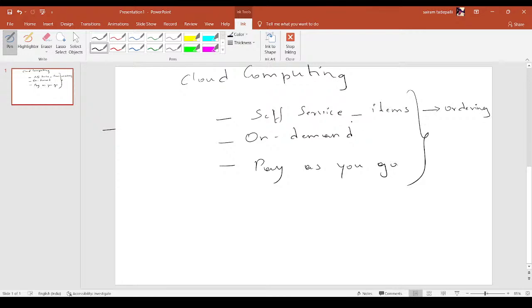Like that, in cloud computing also, self service is the major concept. For example, we need a storage service; in AWS we have the S3 bucket. We directly go to AWS and leverage that service. That means self service.